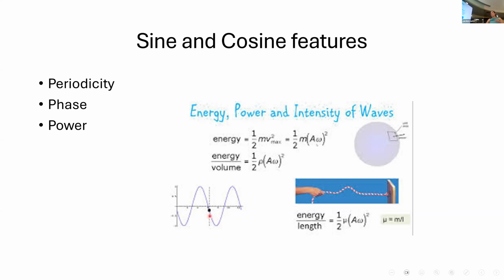And when we have a wave, in a wave, the velocity is the amplitude multiplied by omega. Omega is the angular velocity. Okay? And this is why you see over here that the amplitude is inside something which will be squared.